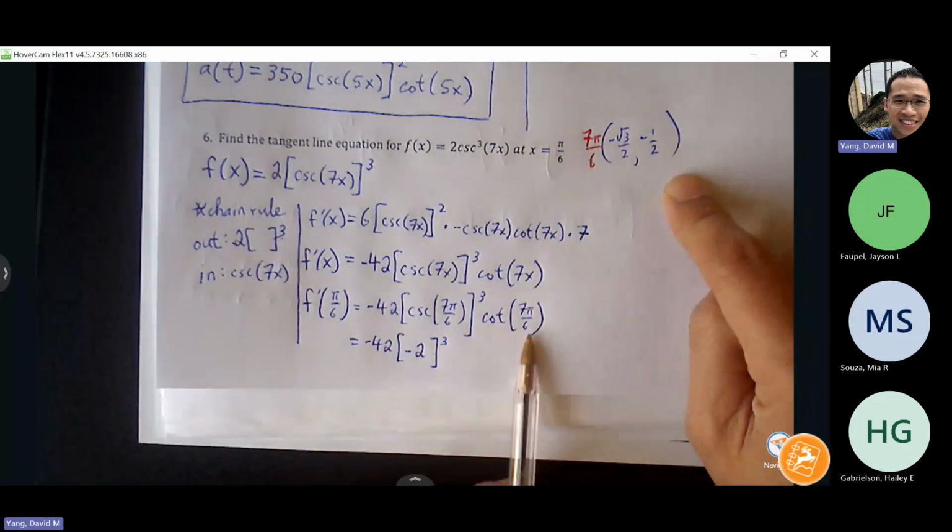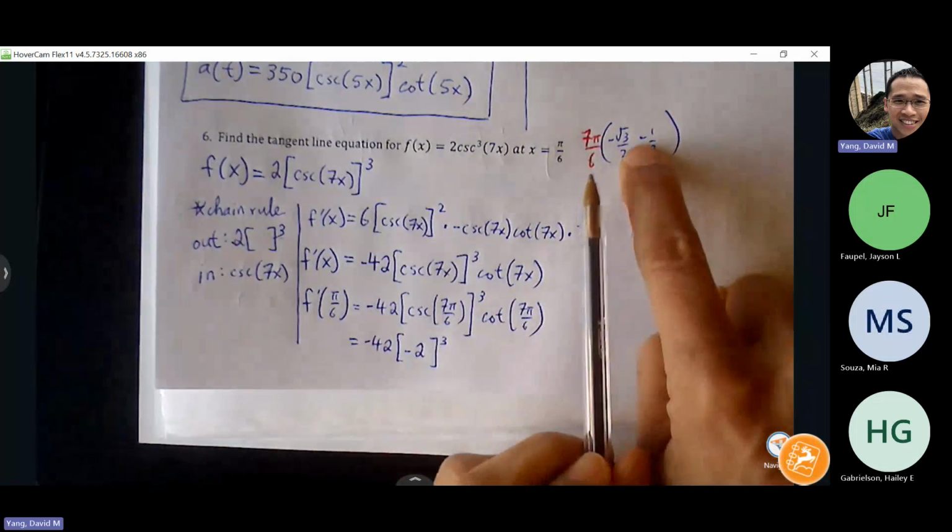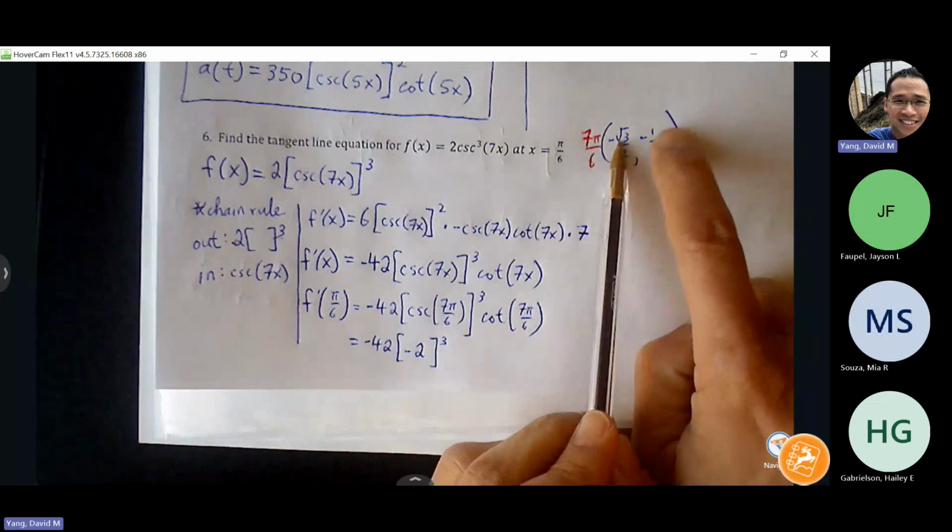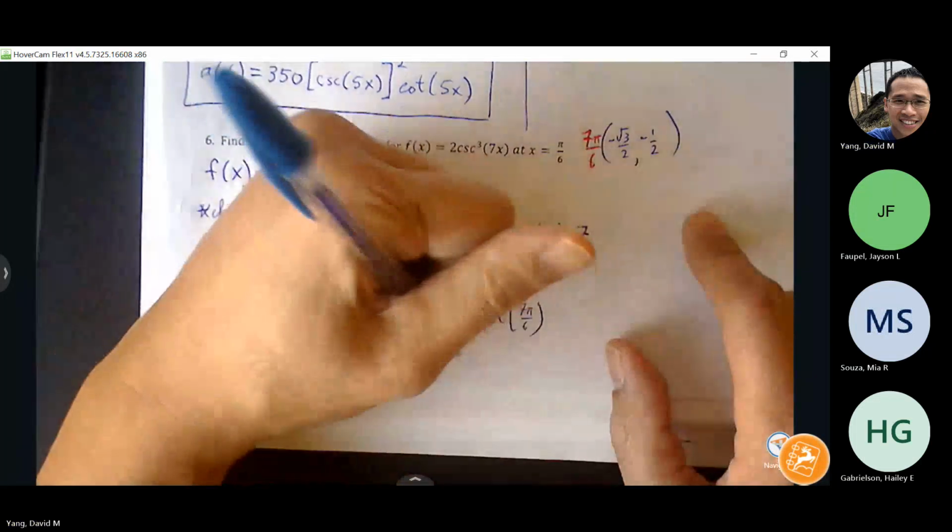Cotangent is x over y. So again, I can cover up the 2's. I know they'll cancel out. So -√3 over -1, so just √3.